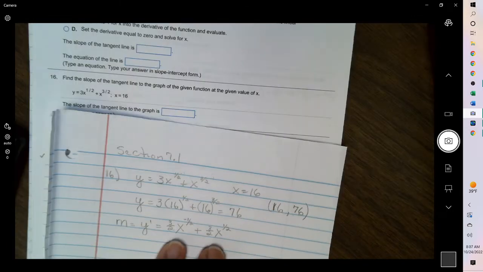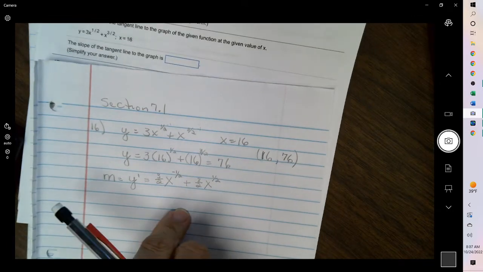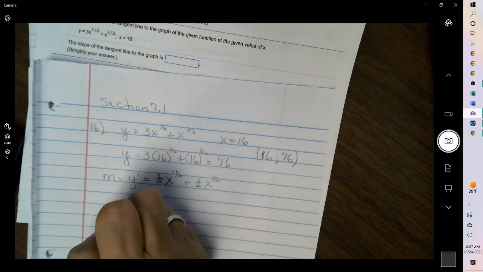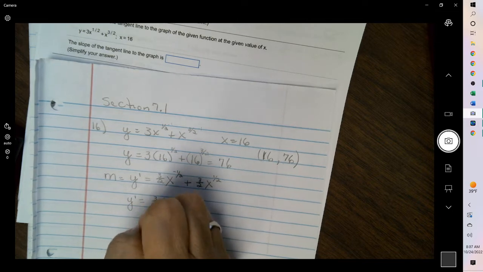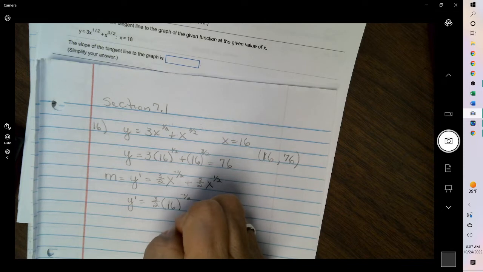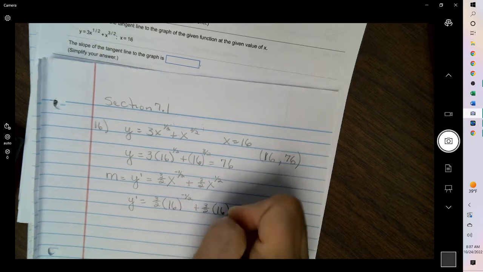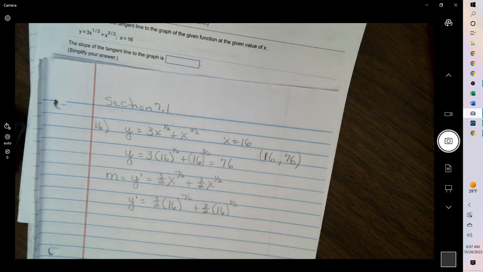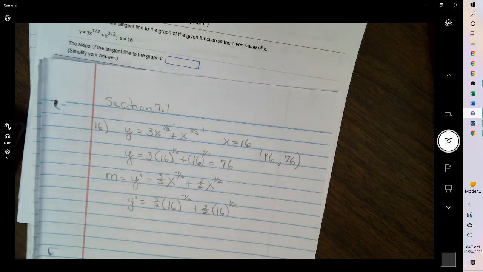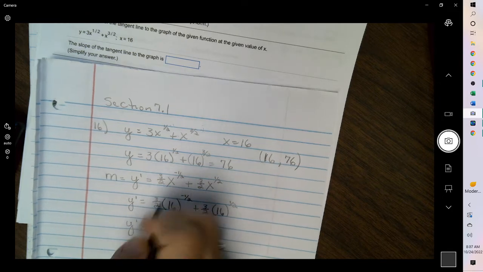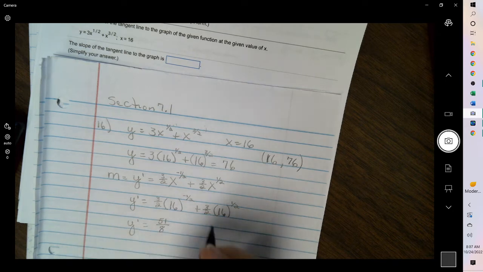So this is the slope of the tangent line for any x value, and the x value we had was 16, so we plug in 16 and plug it in our calculator. And we get 51/8 for our slope.